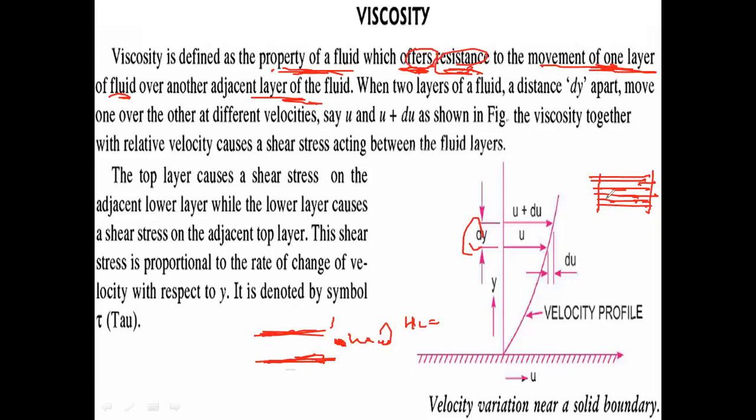For example, if we consider this particular layer, it is offering resistance to the movement of the adjacent layer, just the upper layer and just the lower layer. It is not allowing this layer to move freely. It is dragging it back.